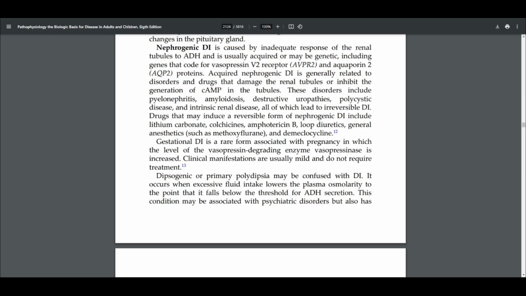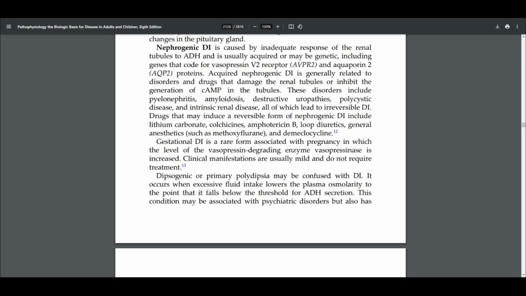Acquired nephrogenic DI is generally related to disorders and drugs that damage the renal tubules or inhibit the generation of cAMP in the tubules. These disorders include pyelonephritis, amyloidosis, destructive uropathies, polycystic disease, and intrinsic renal disease, all of which lead to irreversible DI.